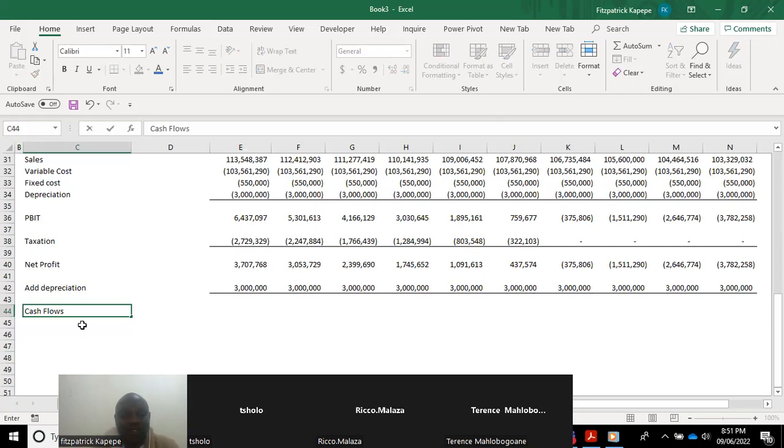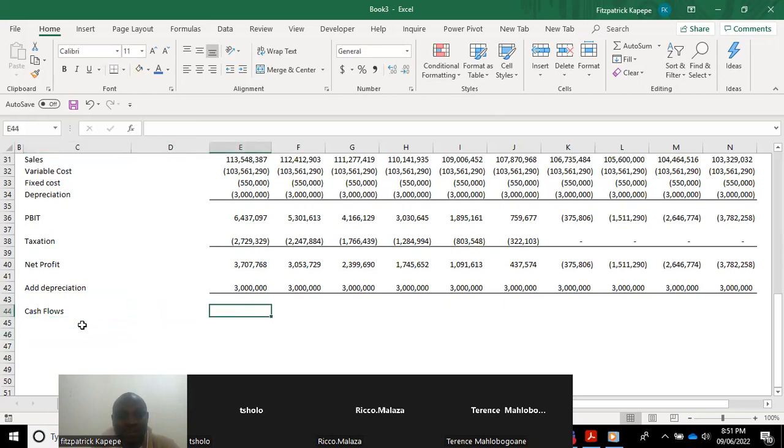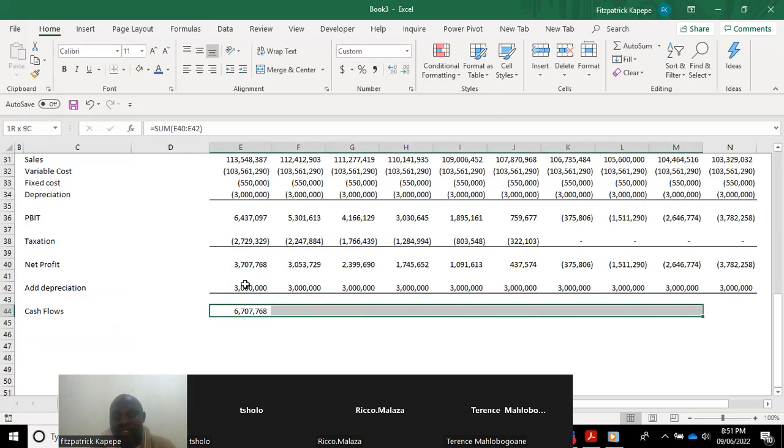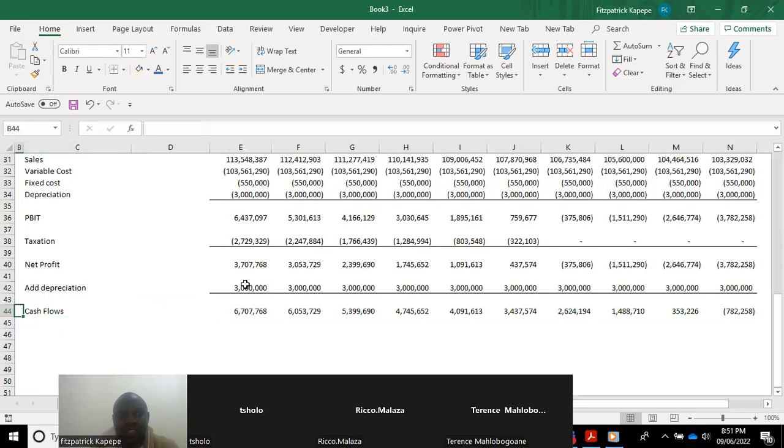At this level, the cash flows would be equals sum of these two numbers like this.